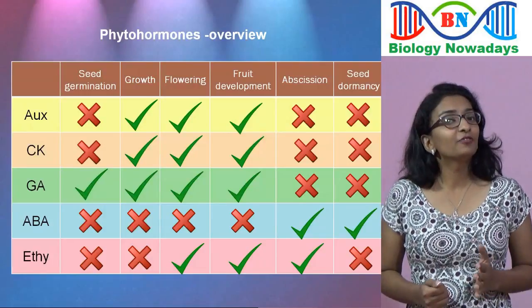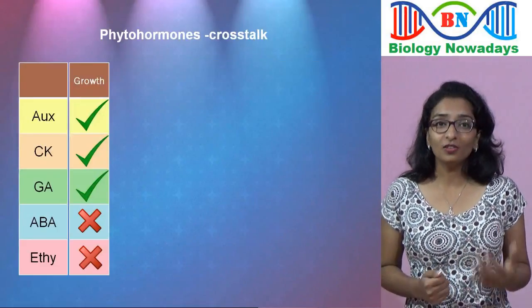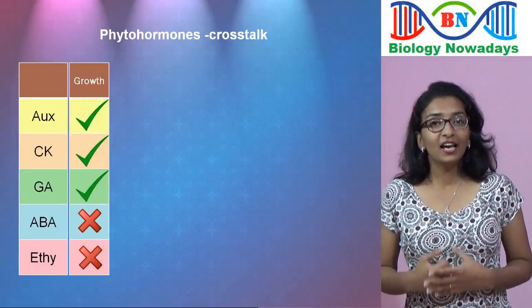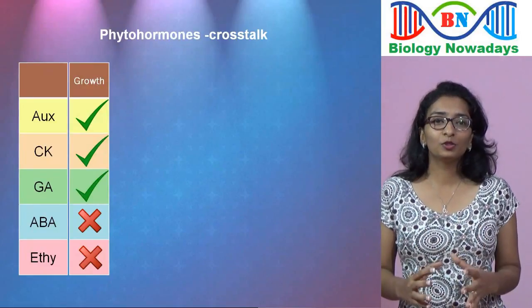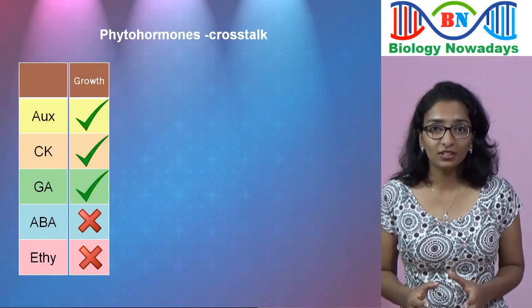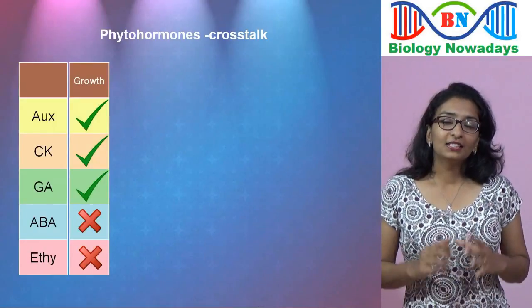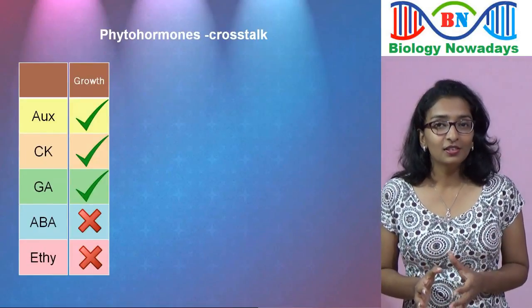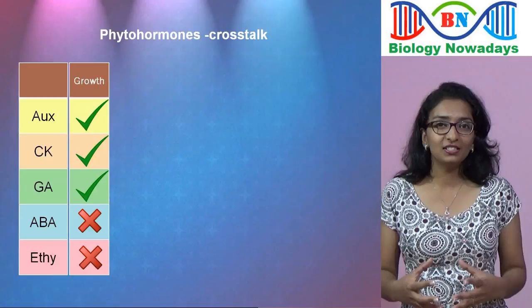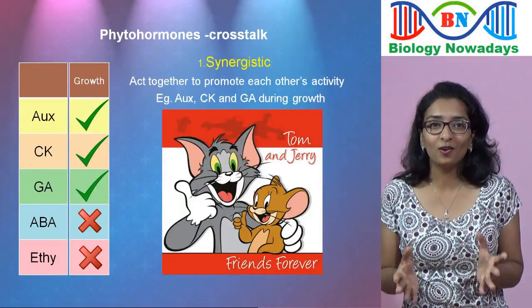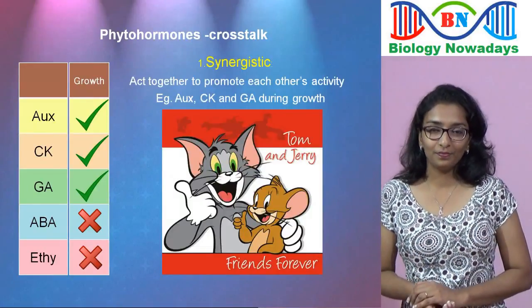Now consider the case of growth. Here auxins, cytokinins and gibberellins together help to bring about the effect of growth in plants. Such kind of acting together to promote each other's activity like friends is called synergetic interaction.